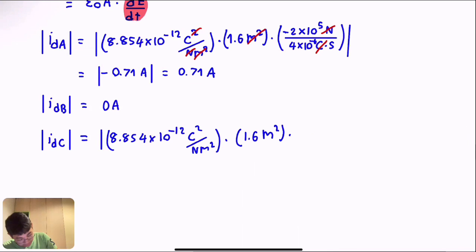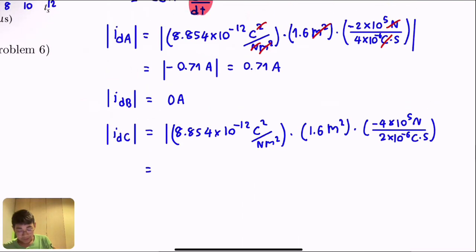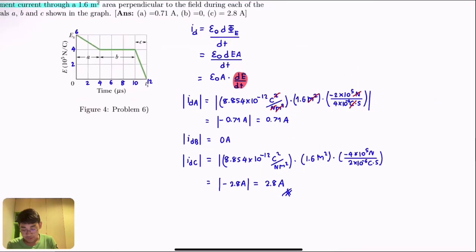It is minus 4 times 10 to the power of 5 Newton per Coulomb, over 2 times 10 to the power of minus 6. And as you see, it is 4 times more than the result from interval A, so it is minus 2.8 ampere and becomes 2.8 ampere. And this is the answer to this question.